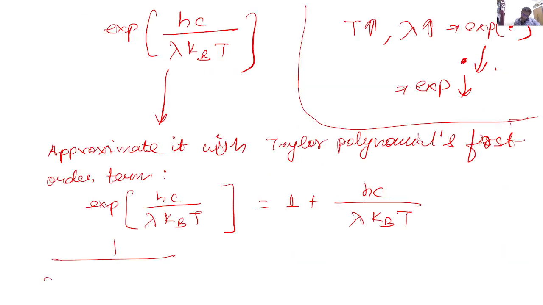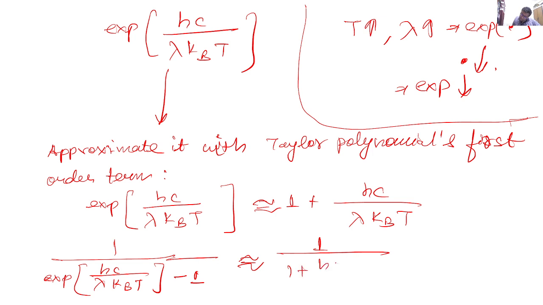So 1 by exponential of hc by lambda kBT, minus 1, would be nearly equal to, they are not strictly equal, okay, 1 by 1 plus hc by lambda kBT minus 1. So the 1 will get cancelled out, and it will be 1 by hc by lambda kBT, or lambda kBT by hc. That is what we get from this expression after the approximation, okay.